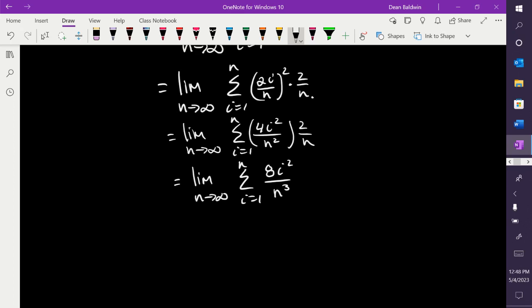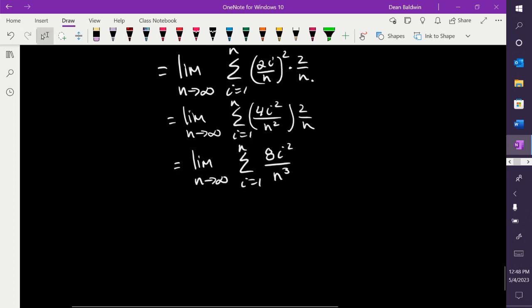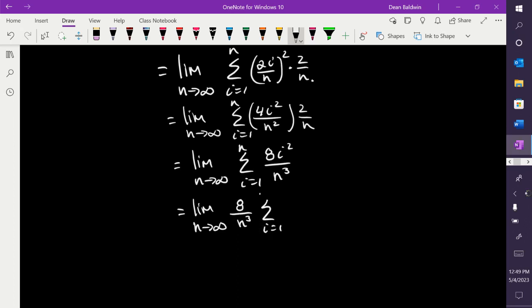Okay, so we have the summation of 8i squared over n cubed as n goes to infinity. What can I pull out of the sigma? 8 over n cubed. You can pull it out, those are all constants, right? n is a constant because it's the number of rectangles.